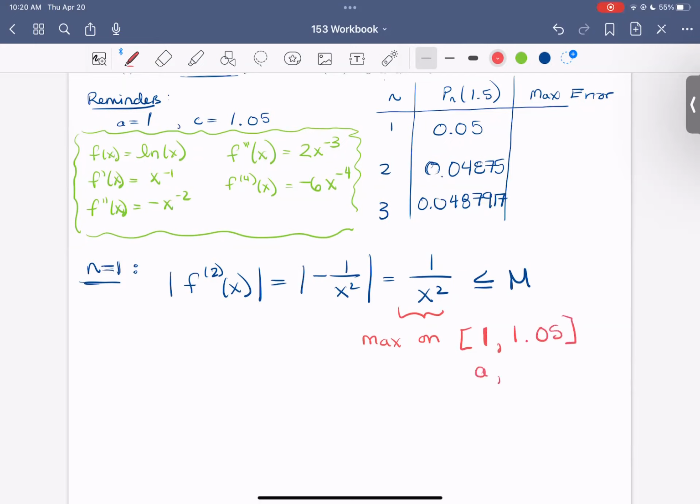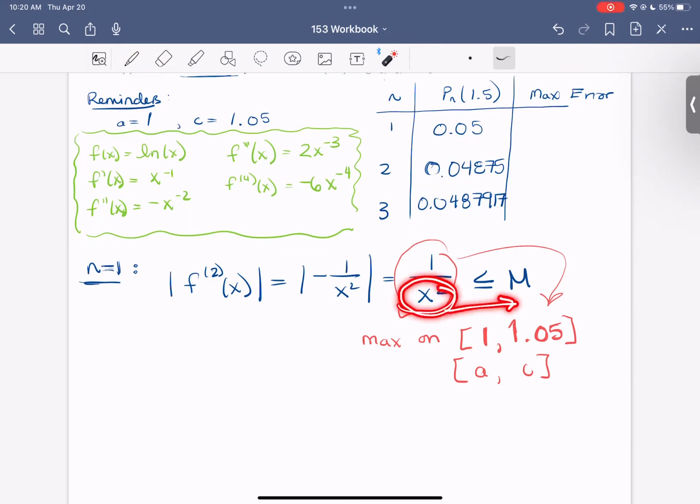Again, we're looking at from a to c. So let's think about what this function, 1 over x squared, does. Where is this function at its largest value on the interval from 1 to 1.05? Well, we're squaring that denominator, and our values from 1 to 1.05 are all 1 or larger, so when we square it, we get a larger number. This denominator gets larger as we input a larger number on this interval.